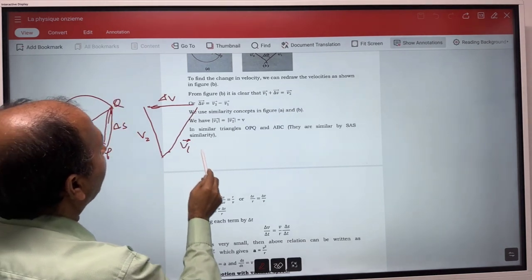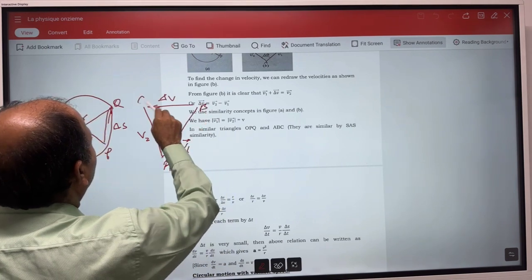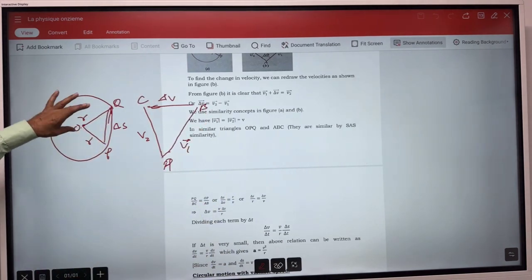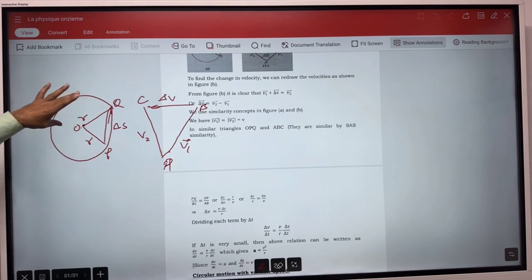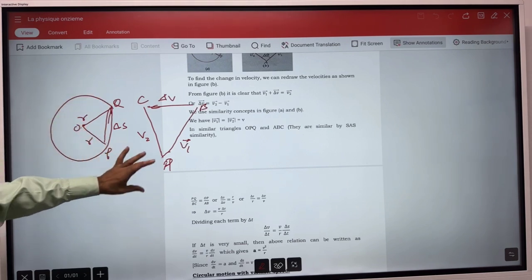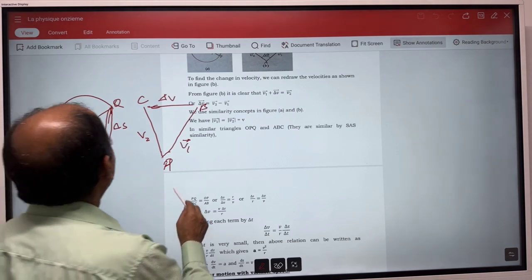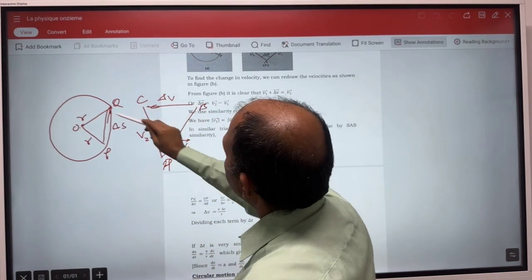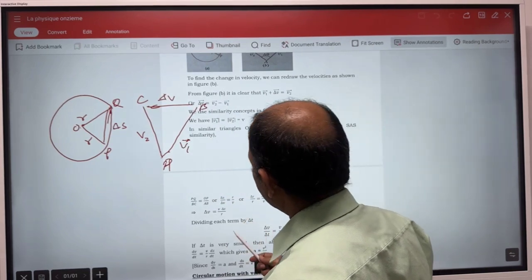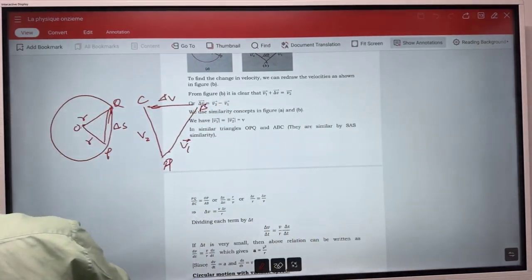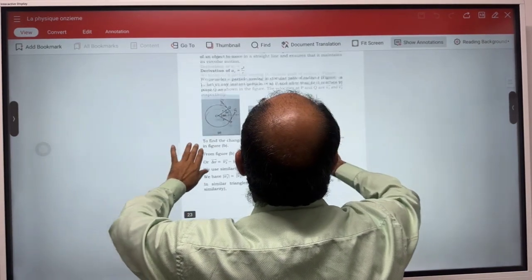Here, ABC. Our concern is that these two sides are equal, OP equals OQ, and here AB equals AC. That is written here, and then this will correspond to PQ. If you observe, I'm showing it with the same diagram so that it will become clearer.